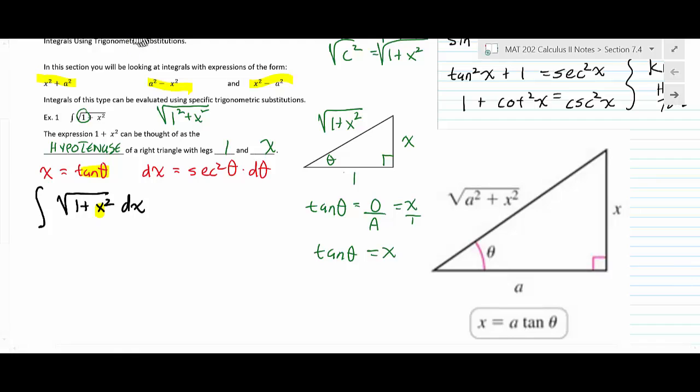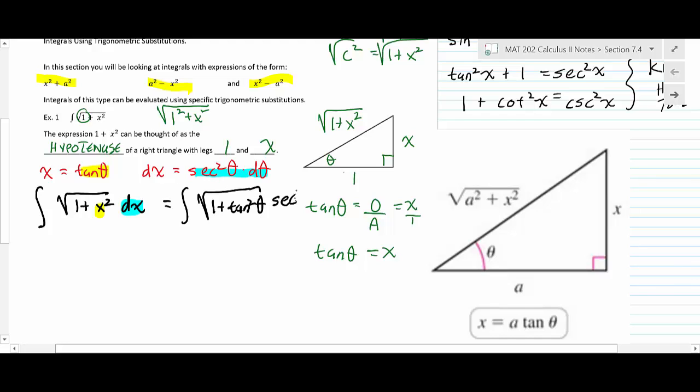The next thing we have is dx is equal to this, so we're going to plug that in, and then we're going to see what kind of integral we have. So when I do that, I'll go ahead and set the integral up. I'll have the integral of square root of 1 plus tangent squared theta, like that. And then the dx is just going to be secant squared theta d theta, like that.